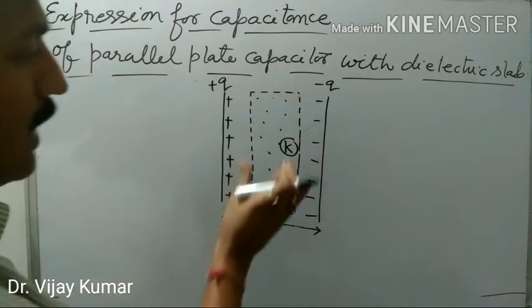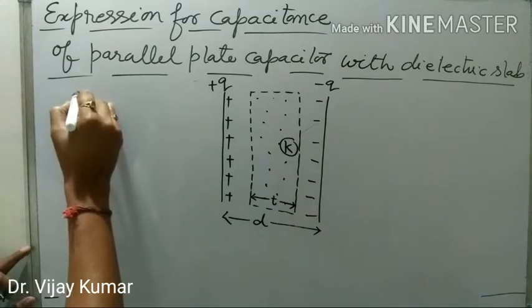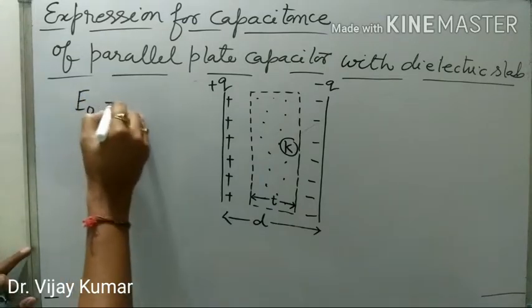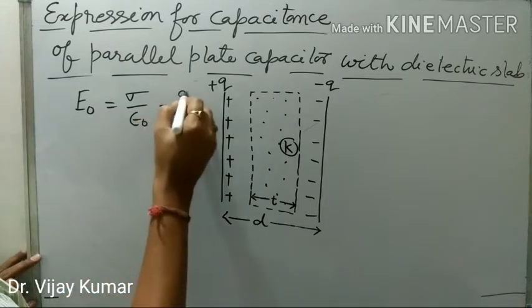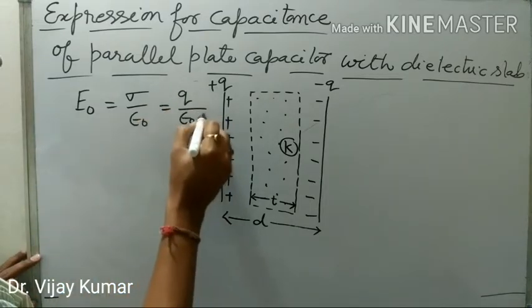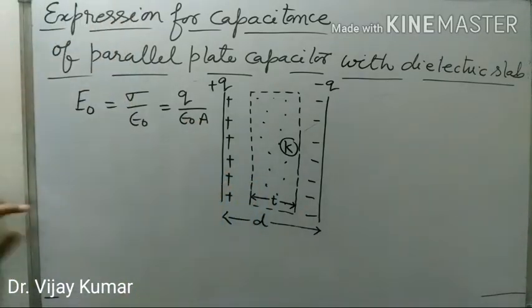Suppose there is no dielectric slab between the plates, then the electric field should be E naught equal to sigma upon epsilon naught, or we can say Q upon epsilon naught A, where A is the surface area of the plate.